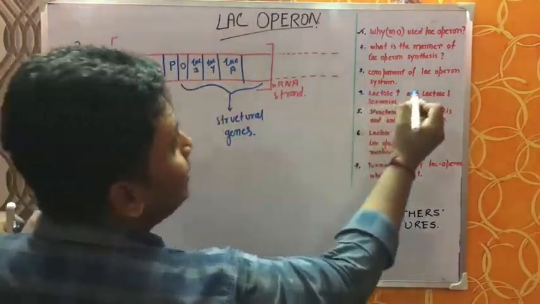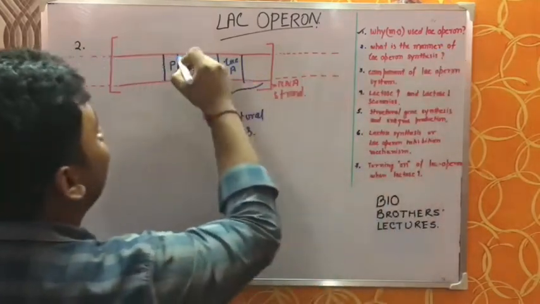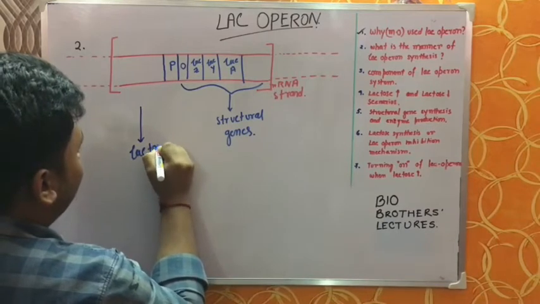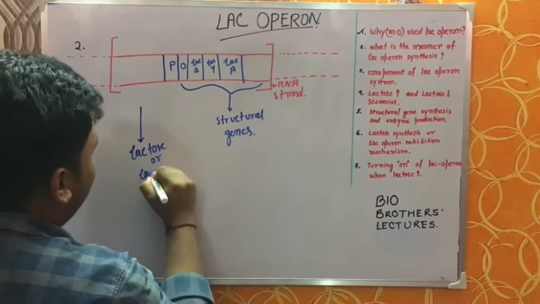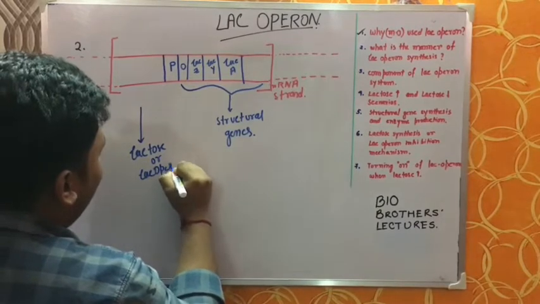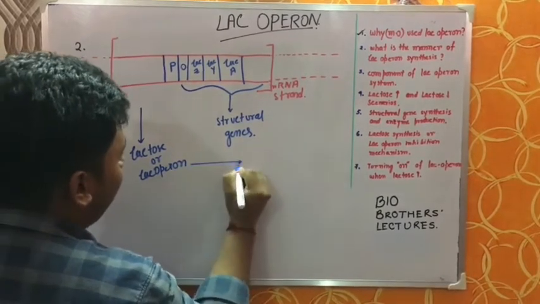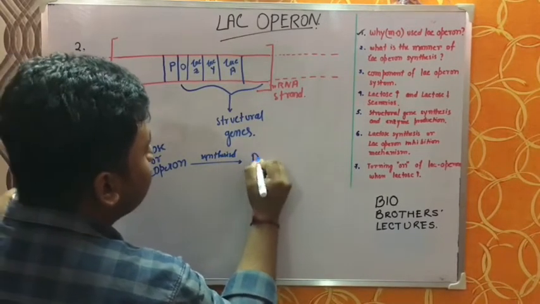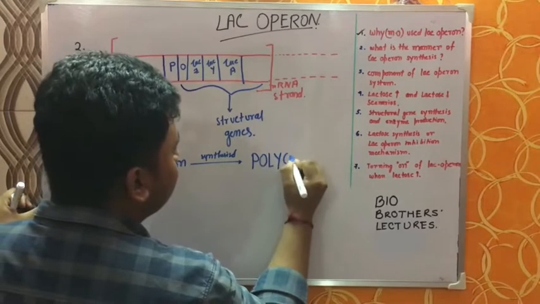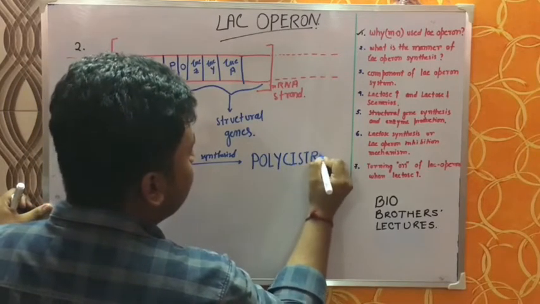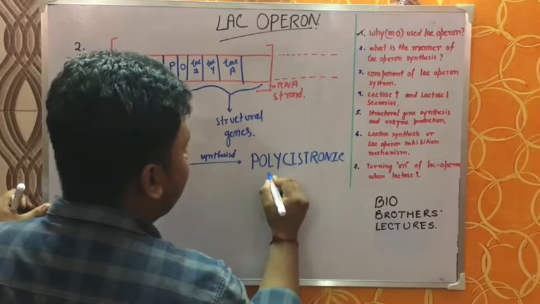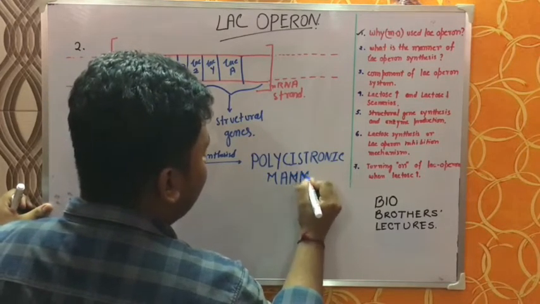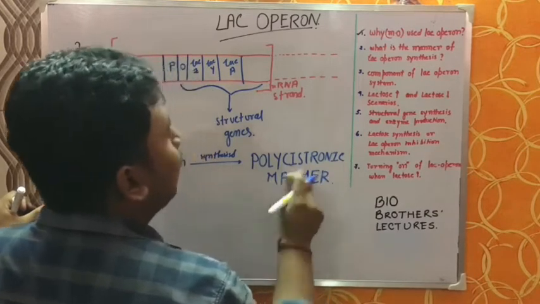So what is the manner in which the lac operon is synthesized? In a polycistronic manner.